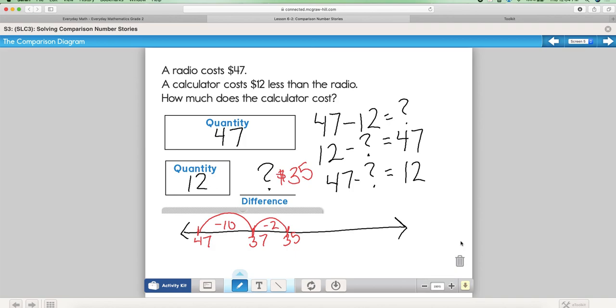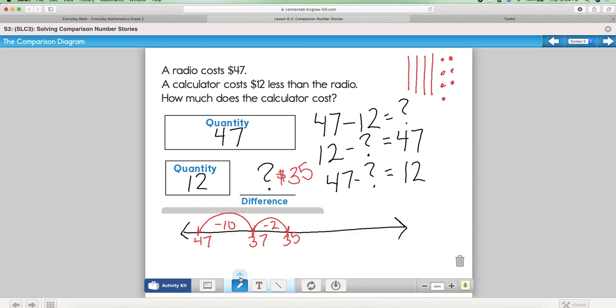Now, let me show you another strategy that you could use for this. Don't forget base 10 shorthand's always your friend, right? So you could draw base 10 shorthand. You could show 47, 4 longs, and 7 cubes, 5, 6, 7, okay? And you could take away 12 of those.